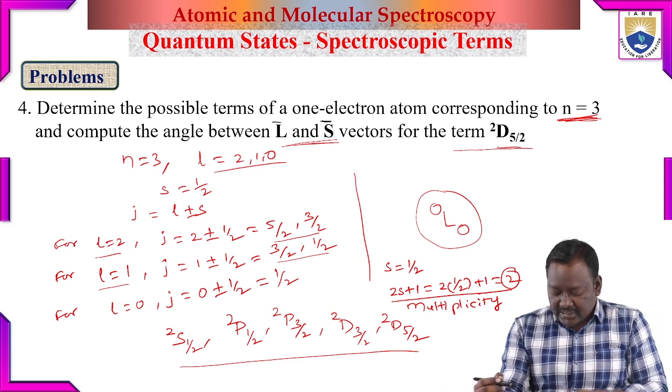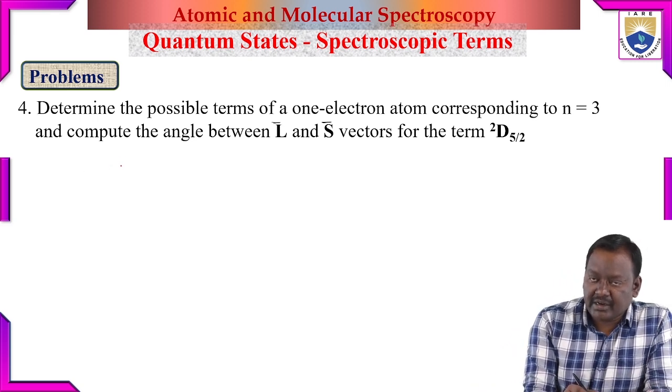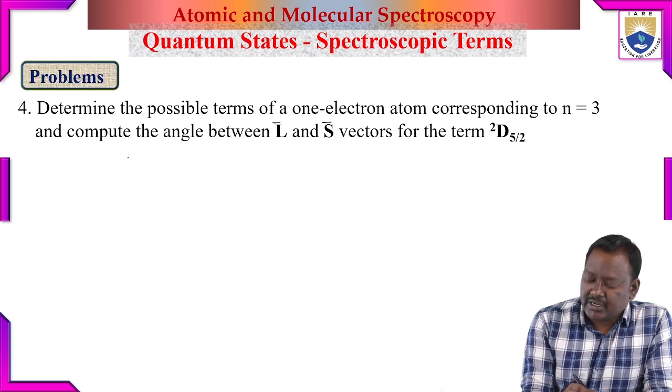So in general, we also know that we can determine the angle between L and S whenever we take the total angular momentum vector J bar.